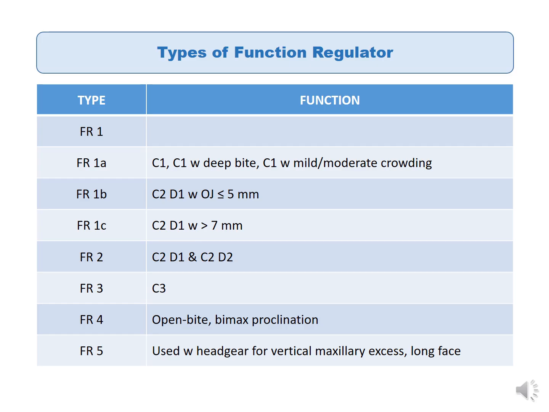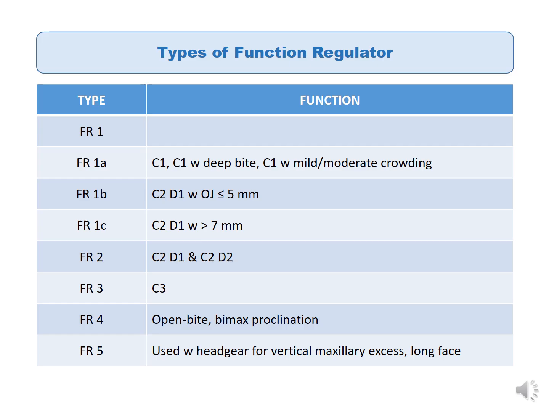Okay, now 1A is used in class 1 cases, class 1 with deep bite, class 1 with mild and moderate crowding. The 1B is used in class 2 division 1 with an overjet equal to or less than 5 millimeters. The 1C is used in class 2 division 1 cases with overjet more than 7 millimeters.